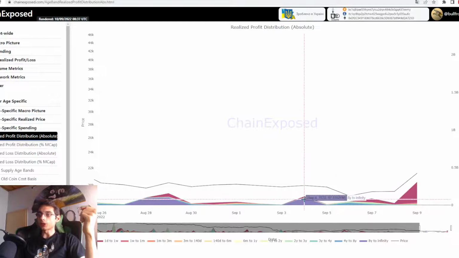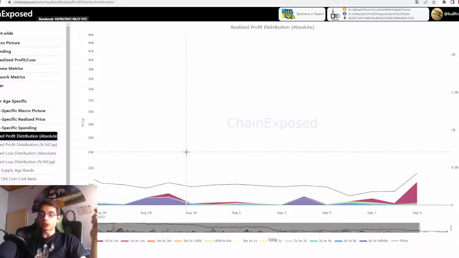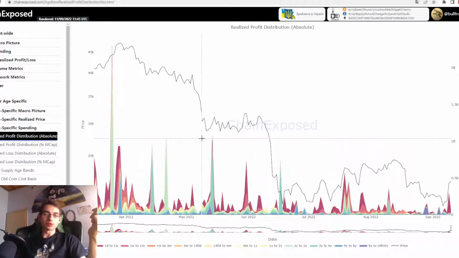The only one was a whale right here, an 8-year-plus whale that was taking profit. Actually, it took 300 million in profit from an 8-year-old Bitcoin transaction, and I think they deserve to take some money out right now anyway.